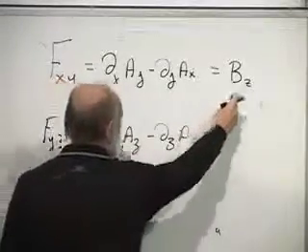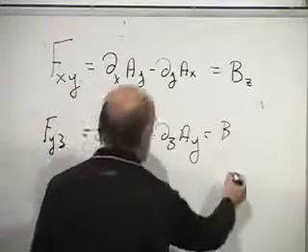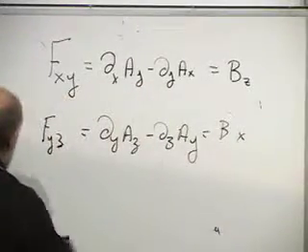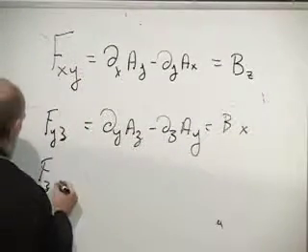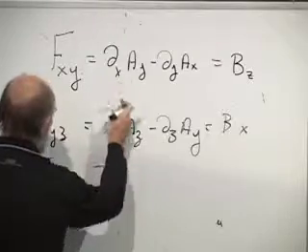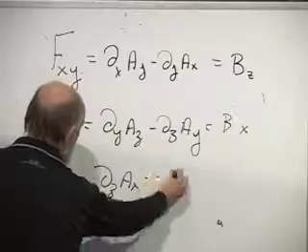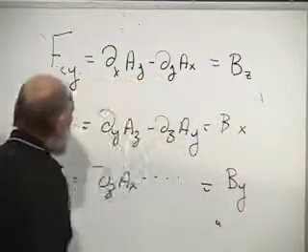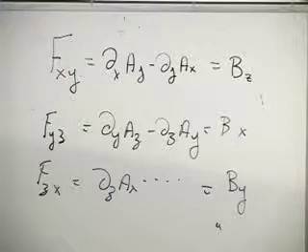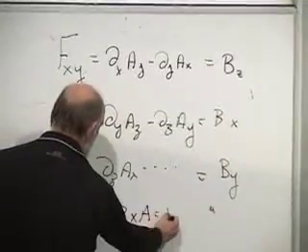And that's what? That's B, what comes after z? X. And the last one, Fzx, is equal to dz Ax minus dx Az, and that's equal to By. So this is the connection. Another way to write this is that curl of A is equal to B.